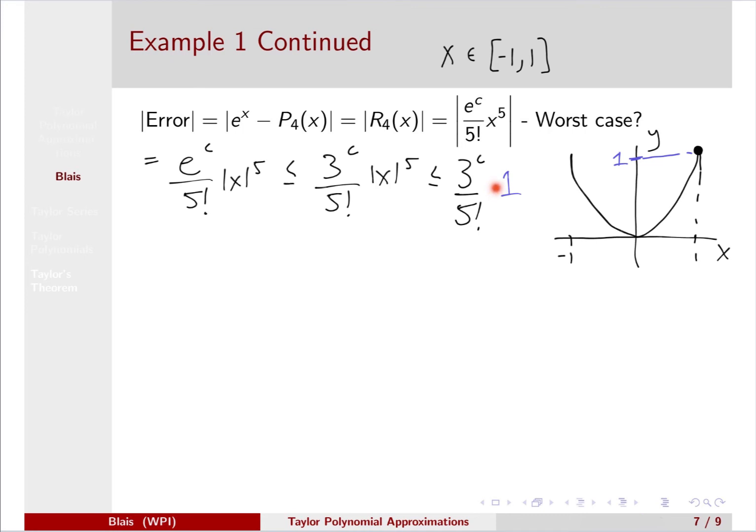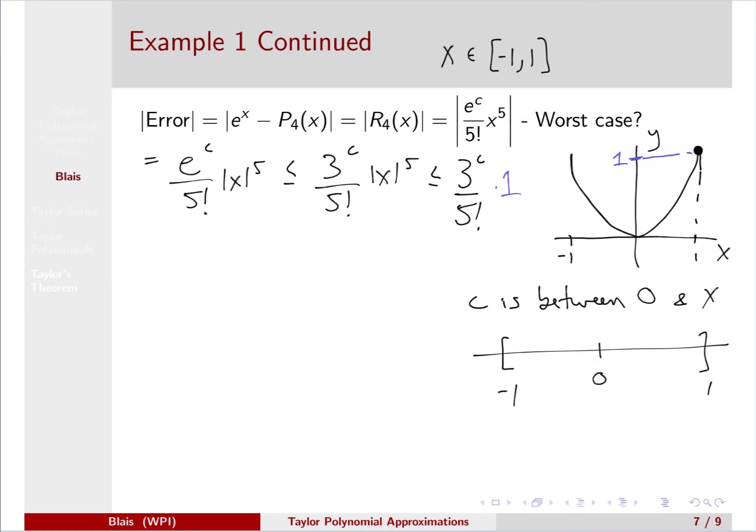We're almost there. Again, we don't know c, but the key was we know where c lives. So recall that c is between 0 and x. But we're working on the interval minus 1, 1.